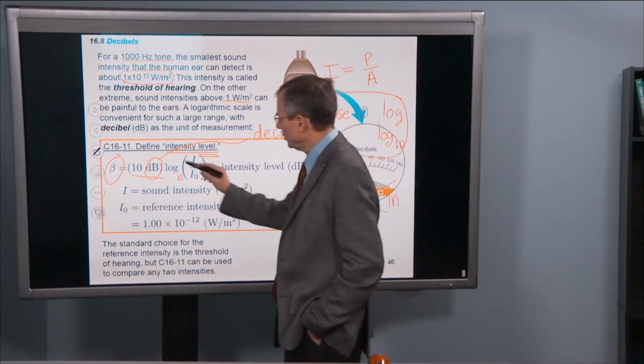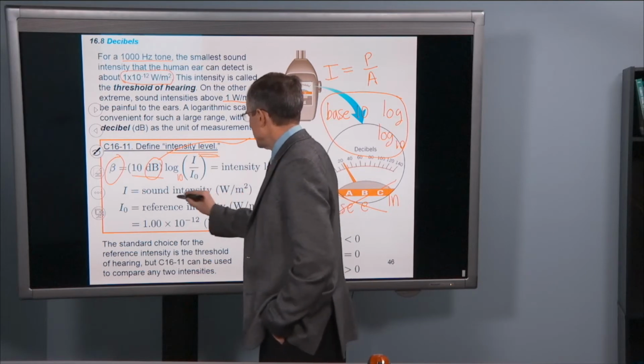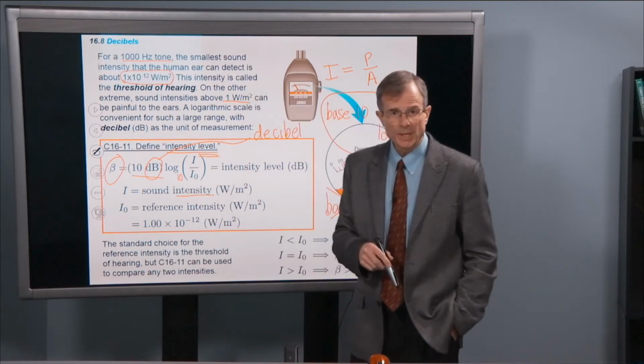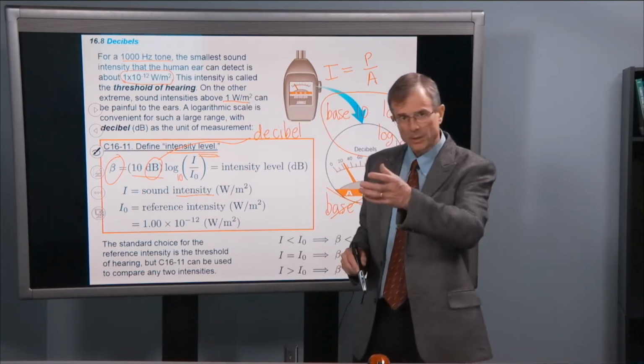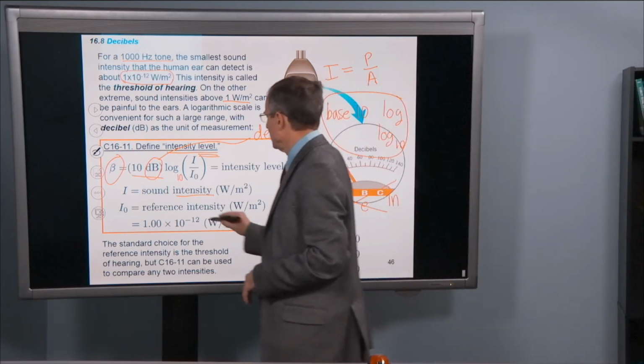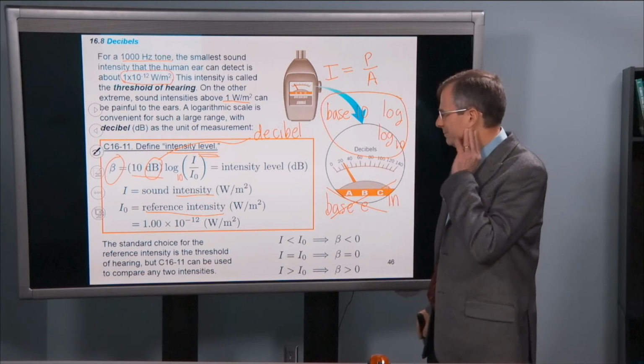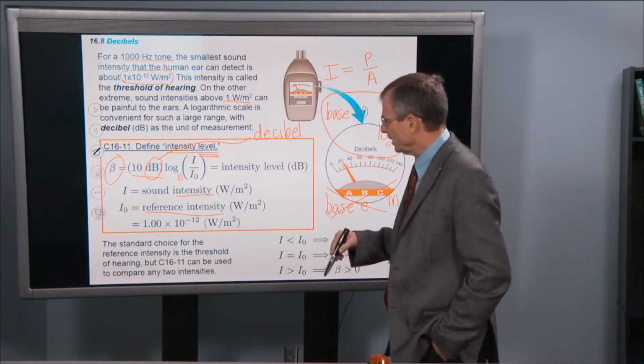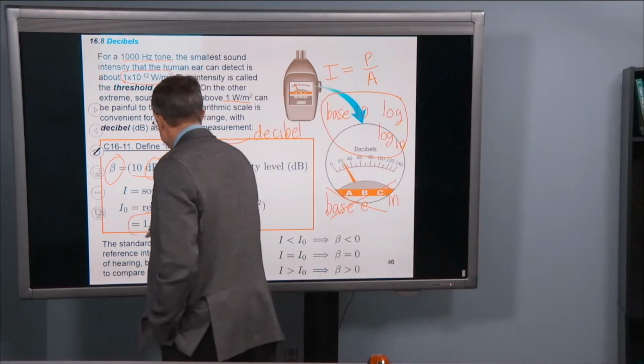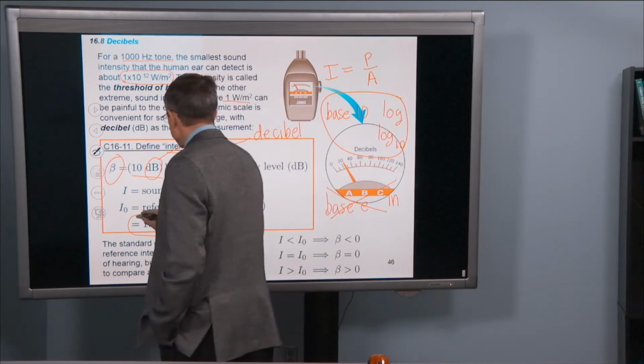And it is the log of the ratio of the sound intensity measured in watts per square meter, power in watts, area in meters squared, divided by a reference intensity, also in watts per square meter. And normally, the standard choice for this reference intensity is the threshold of hearing.